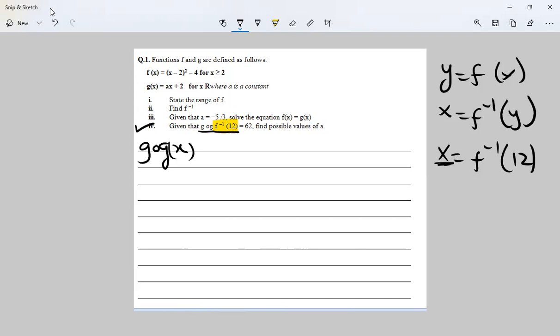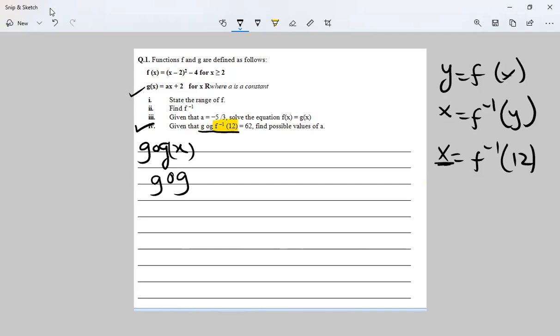g of x, it's already written here. g of g. Firstly, g of x, I have already mentioned.